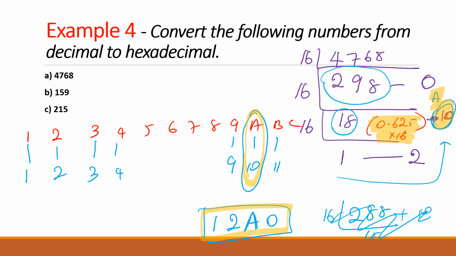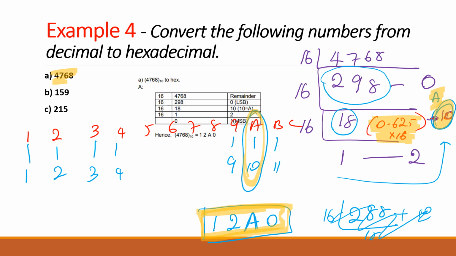So this is equal to this. Can I give you a few minutes? Can you do 159, please? So when you get the item, how do you get the result 1, 2, and A? Because you have remaining 10 here. 10 represents A in the hexadecimal, isn't it?